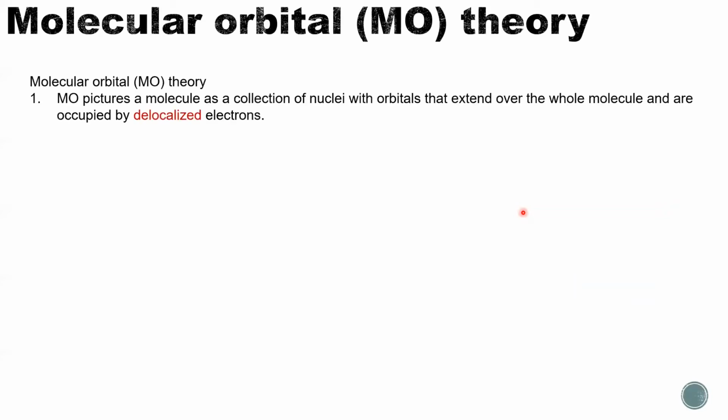Molecular orbital theory pictures a molecule as a collection of nuclei with orbitals that extend over the whole molecule and are occupied by delocalized electrons. So in other words, it's a similar concept to orbital hybridization.